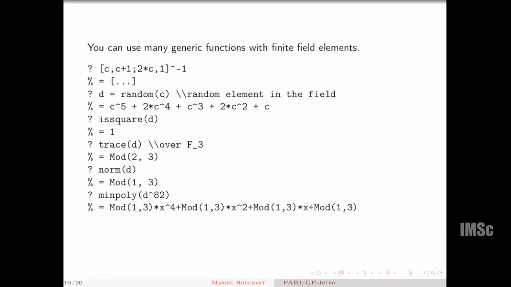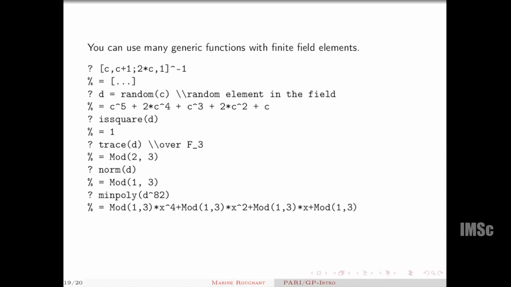And in finite fields, you can use a lot of quite usual functions. You can ask for an element. C is our generator. It's an element of the finite field. You can add a constant. You can multiply by a constant.